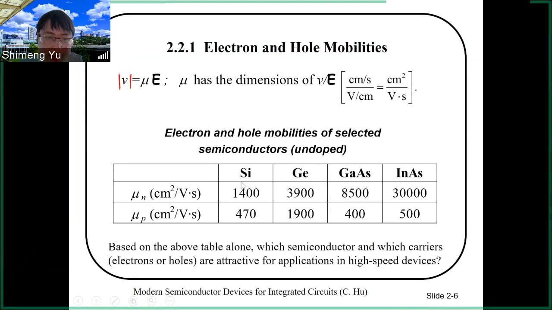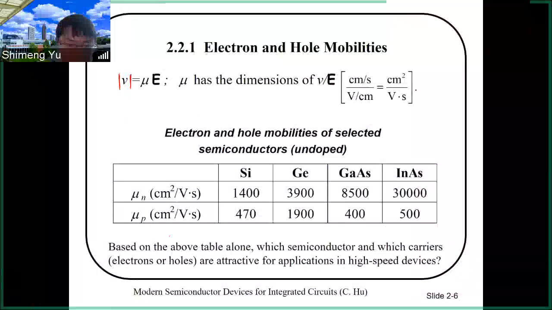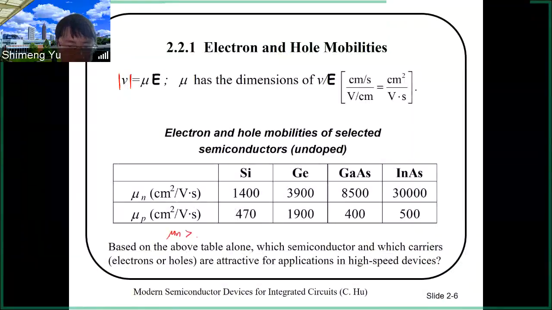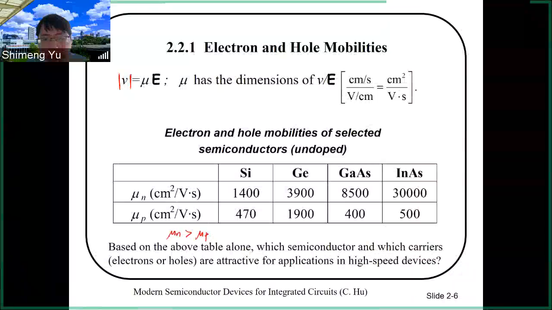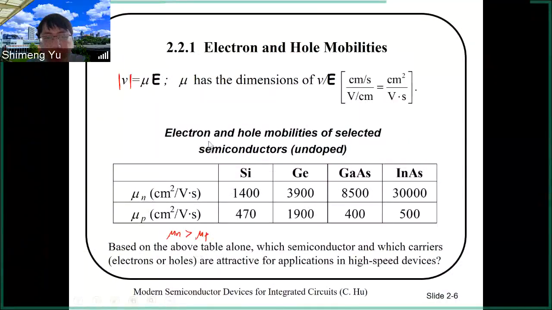So in silicon, the electron's mobility is 1400, and the hole's mobility is about 470. So you can see that the mobility mu n is larger than mu p. And this is generally true in all the semiconductors, not only silicon, but also others. The reason goes back to the effective mass.